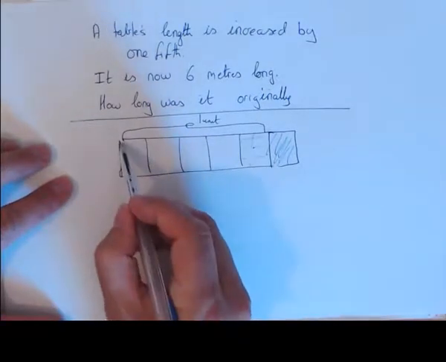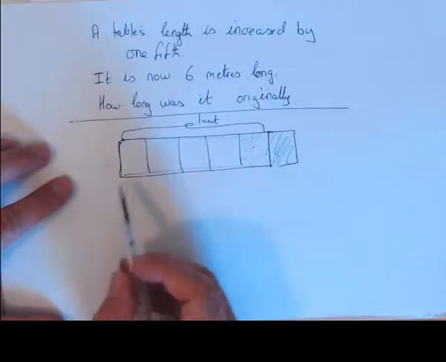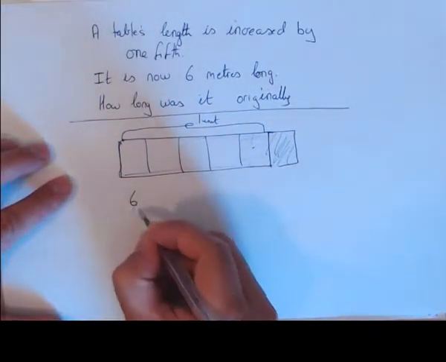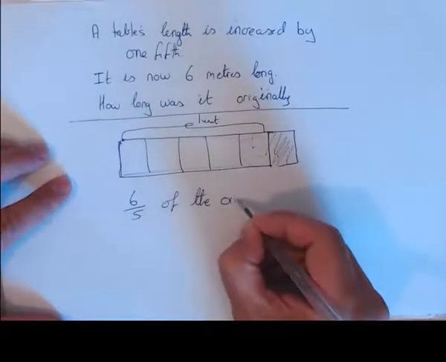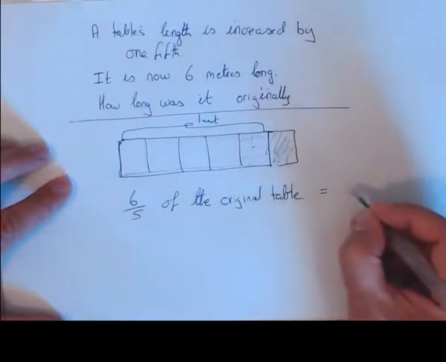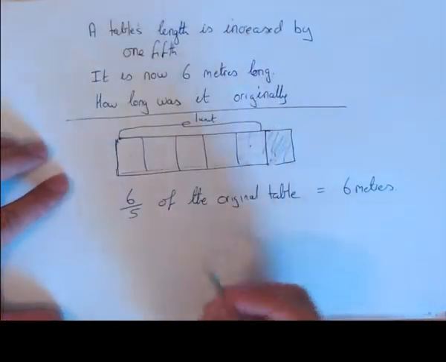Well, let's have a look. The original table was 5/5 of the table. We now have 1, 2, 3, 4, 5, 6/5 of the original table. And in the question, we're told that that is 6 meters. Again, we do the same thing.